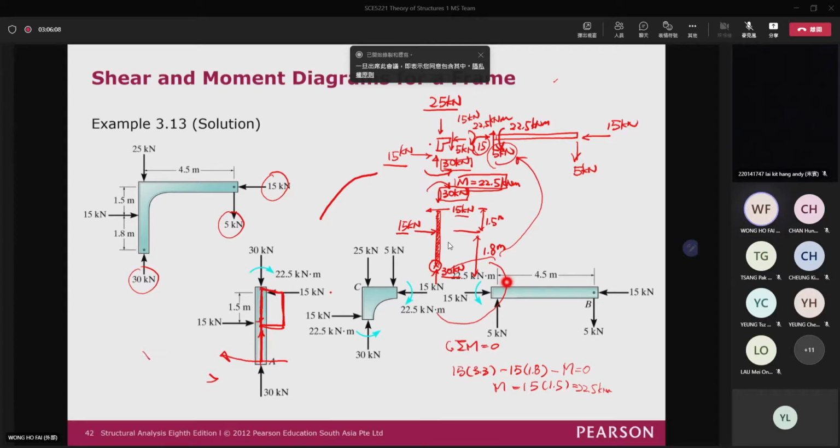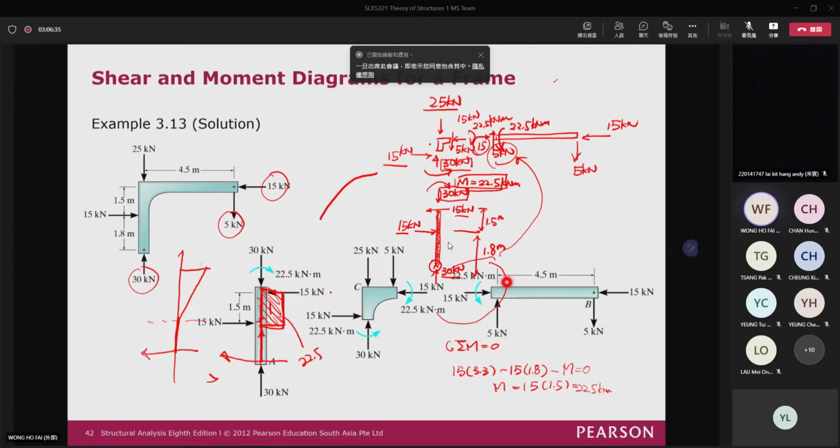And then for the bending moment diagram, again, you can treat it like this. Right here, actually it is 0 at the first. And then you can see that this is a negative value. So you have a negative value here. And then for this area, you can see that it is equal to 15 times 1.5. So the area is equal to 22.5.